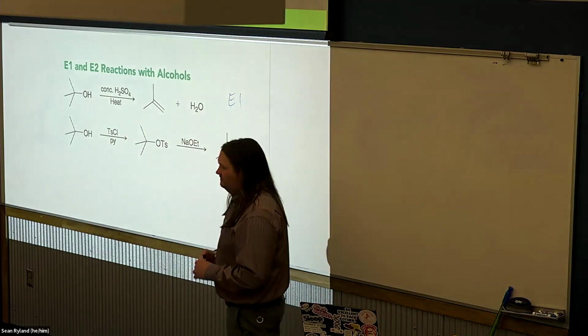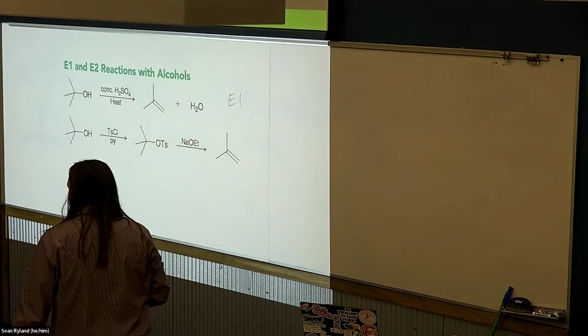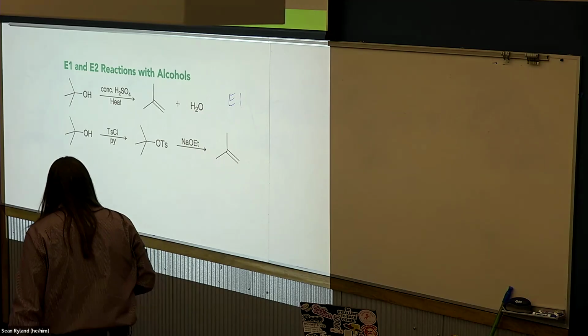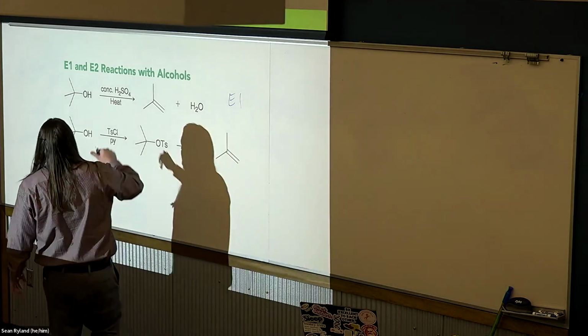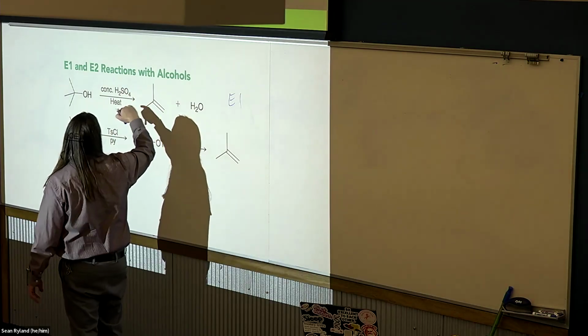Tertiary alcohols are the only ones that you'll see E1, because you have to have that leaving group leave first to get that carbocation intermediate. And so that just looks like this: concentrated H2SO4 with heat.